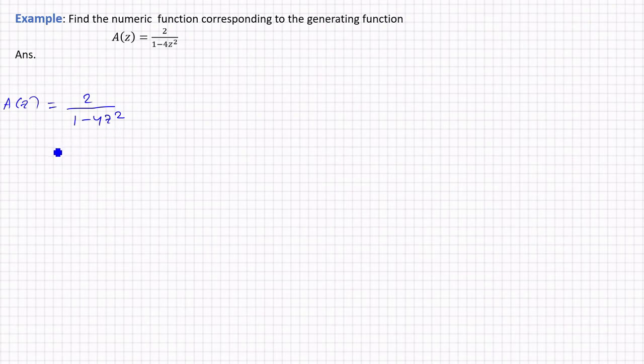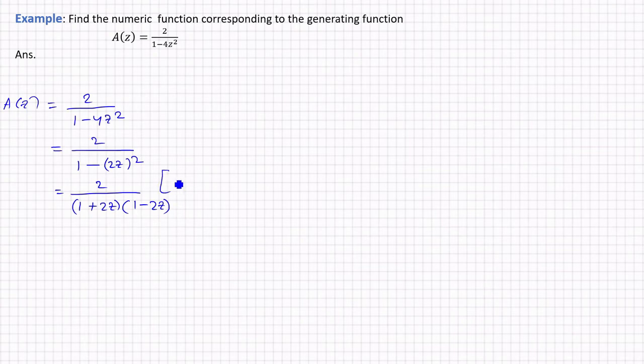A(z) is equal to 2 divided by 1 minus 4z square, which is equal to 2 divided by 1 minus (2z) whole square, which can be written as 1 plus 2z into 1 minus 2z.